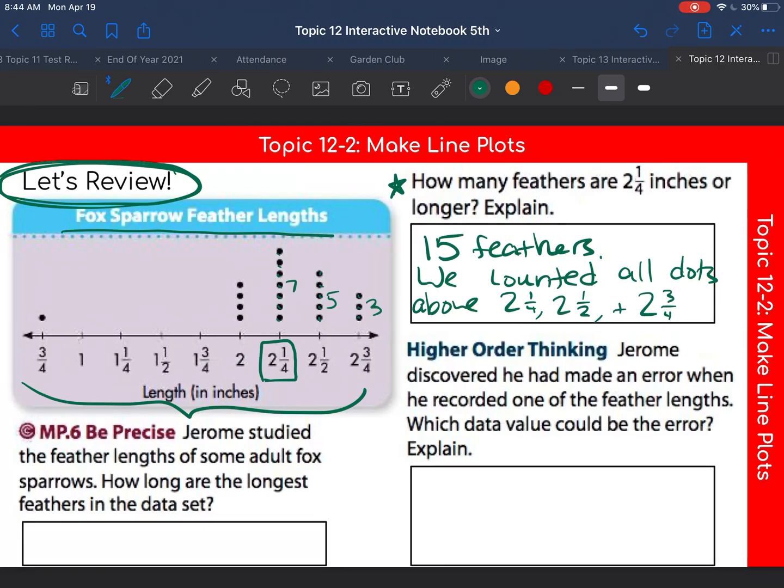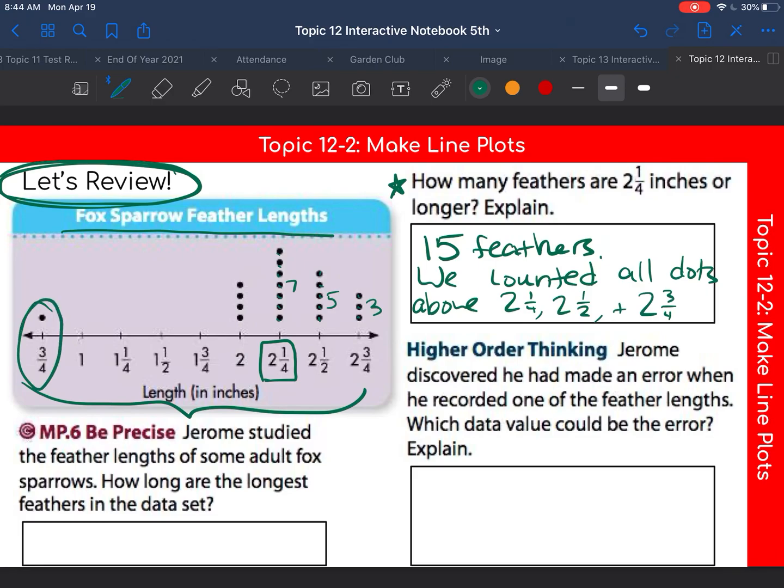The next problem says Jerome discovered he had made an error when he recorded one of the feather lengths. Which data value could be the error? We talked about this yesterday, that if you see something like this, it's either an error or it's because something just stands out. So what feather length could have been an error in this problem?